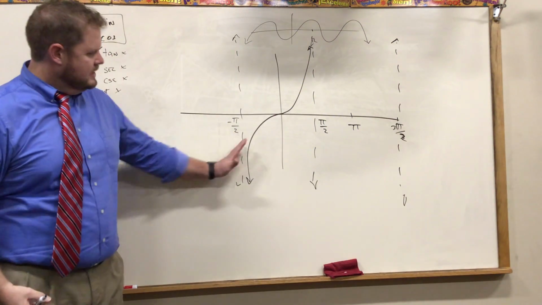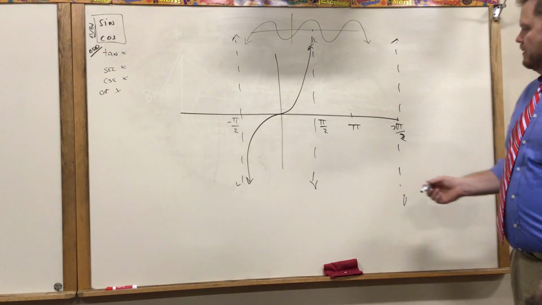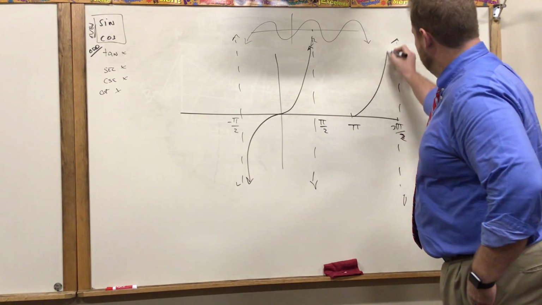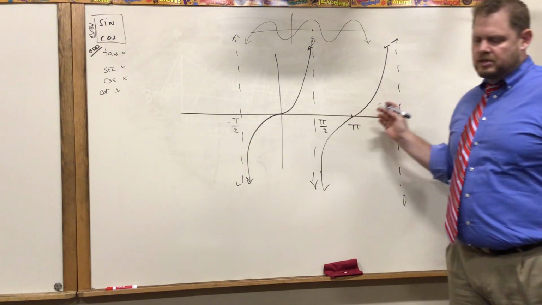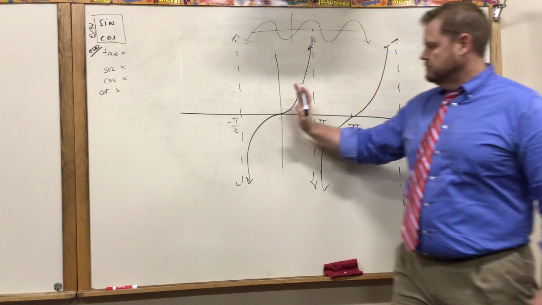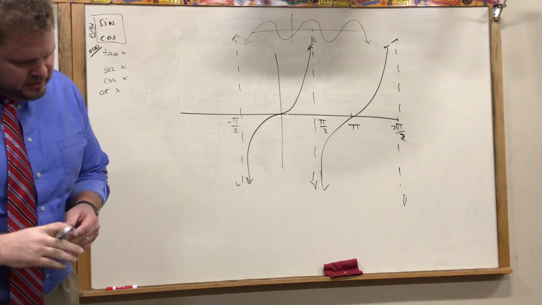Every time that function becomes undefined is where you would have an asymptote. So this one's going to go up to here, never touch it, go down to there, and never touch it. So your tangent is going to look like so. That's what you're going to be looking to graph your tangent line.